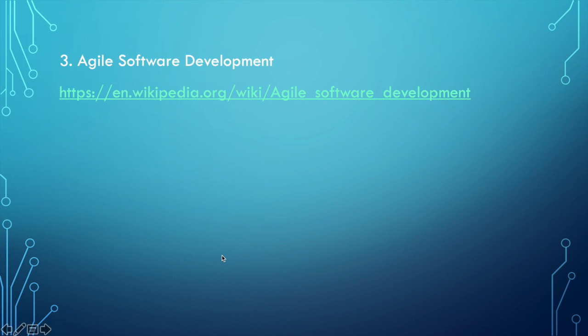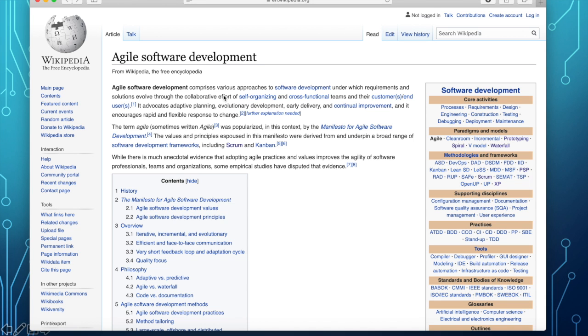Okay. So the next slide is about agile software development. I have mentioned agile software development very often. And here is a website that you can look at for what is agile software development. According to this, agile software development comprises various approaches to software development.